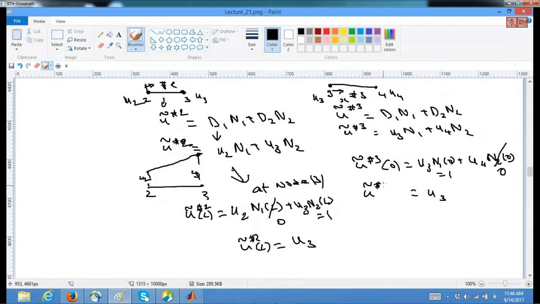So the polynomial for this element is giving U3, this element is also giving U3, and at node, why?